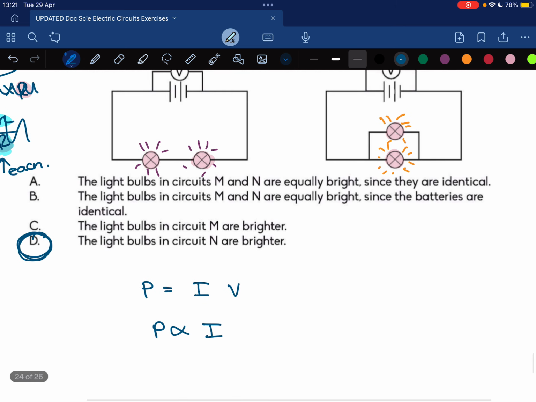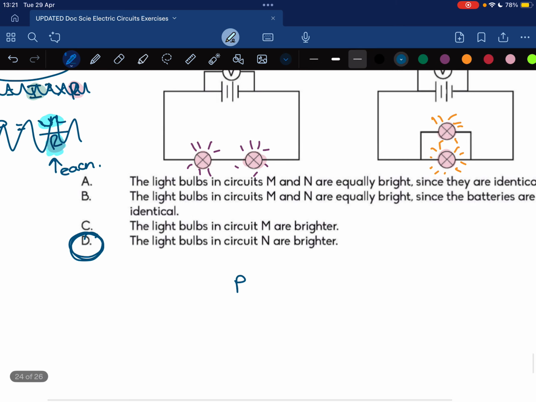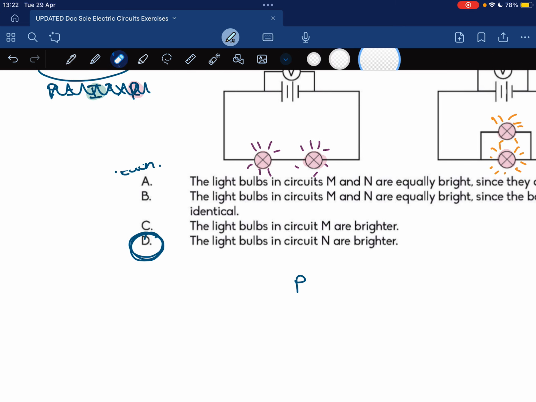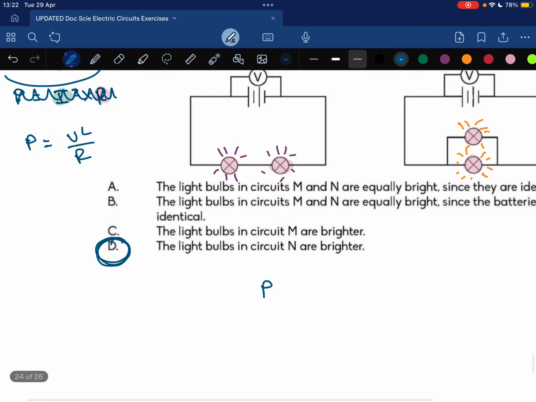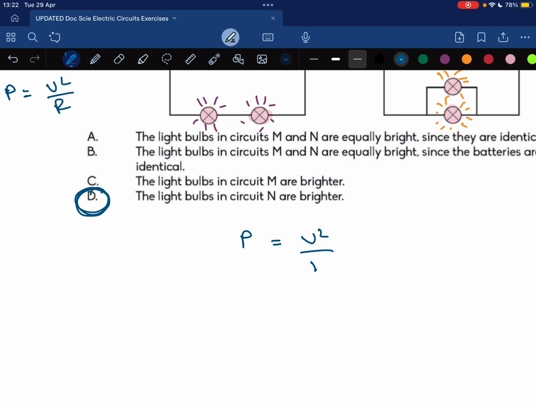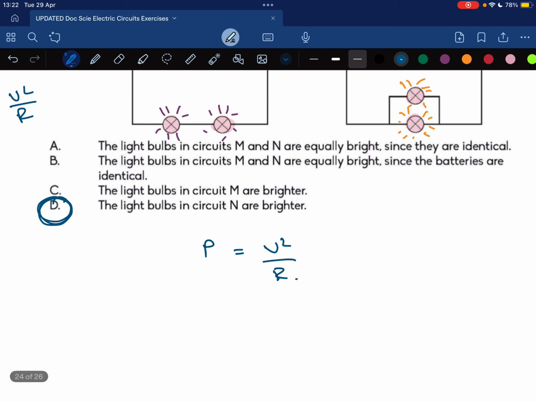Okay, because if we think about it, the total voltage is remaining the same, but the resistance is going to change. So actually, we can't use P is equal to IV. We would use the other equation, P is equal to V squared over R. The reason for this is because the power is inversely proportional to the total resistance.